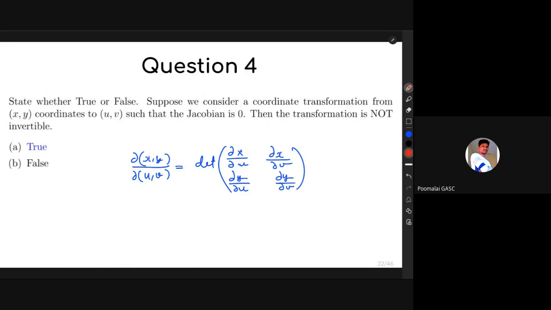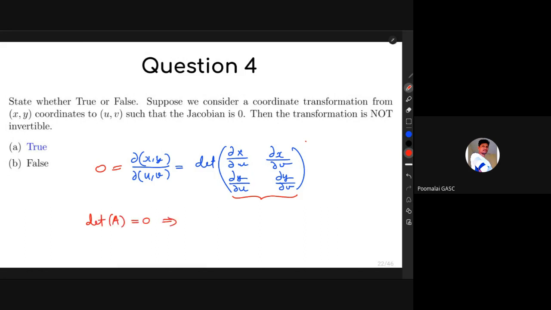So what is the transformation? This is the transformation matrix, and it is given that the Jacobian is zero. That means this determinant is zero. And when we have the determinant of a matrix to be zero, what does that imply?